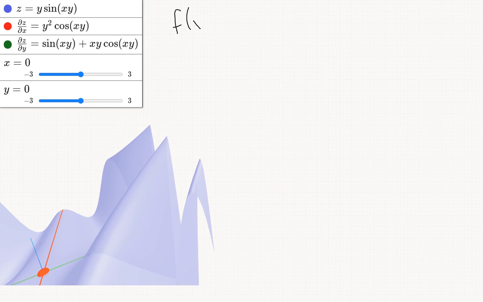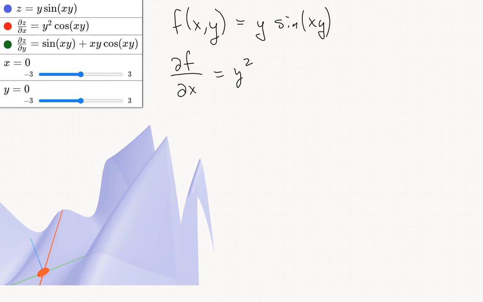All right, next let's revisit f(x, y) equals y sin(xy). So here we found that ∂f/∂x is y² cos(xy). And so ∂²f/∂x²: now we'll do the chain rule.